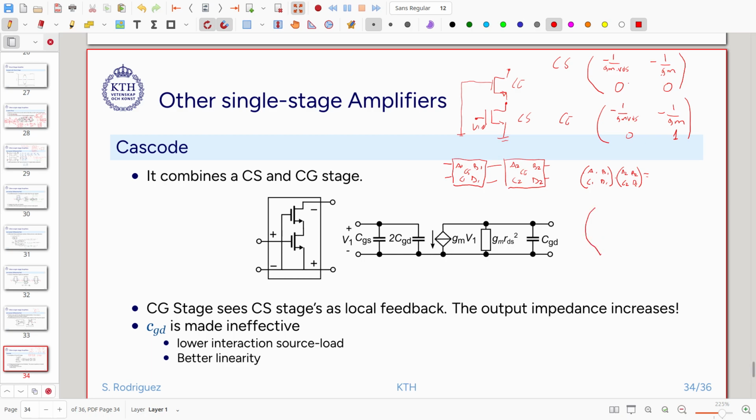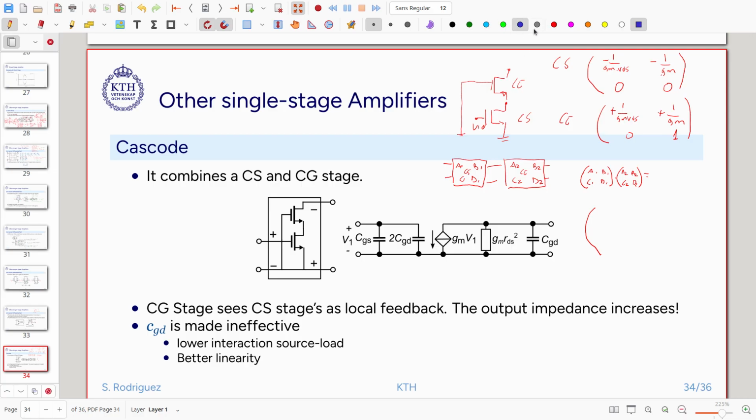Let's take the first one. We take this row and this column, and we multiply. For the common gate, these ones change value. It's the only difference that it really has.